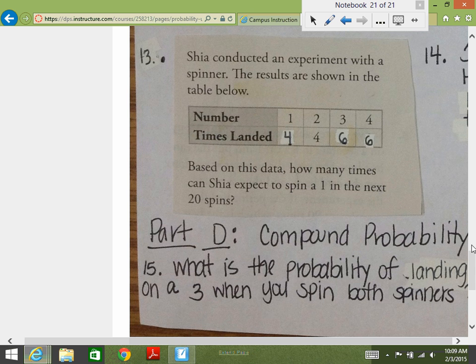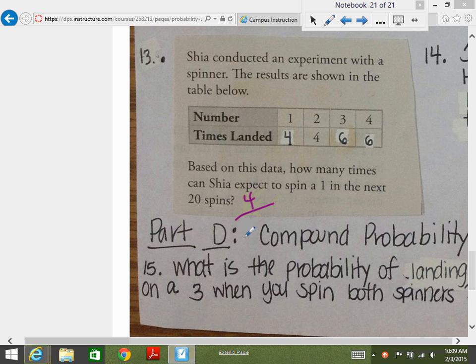First of all, you have to find out her experimental probability. That's your first step. What is Shia's experimental probability of landing on a 1? Experimental. How many times did she land on a 1? 4 times.